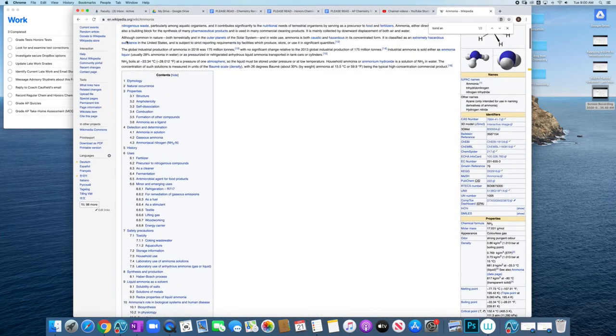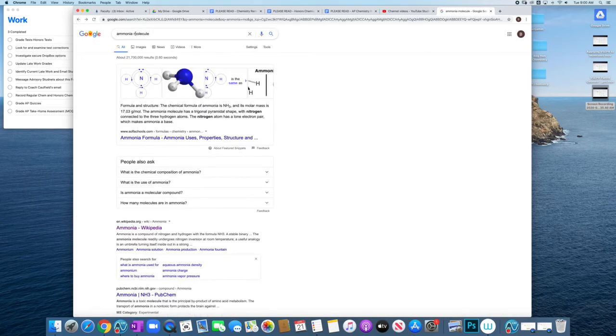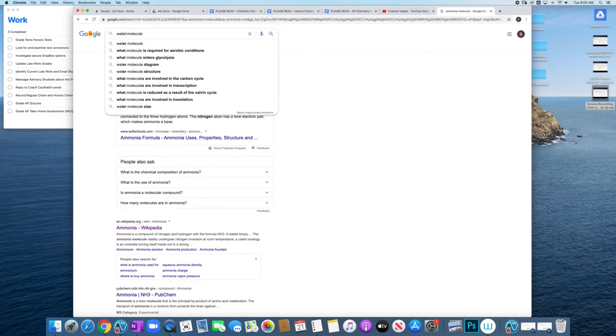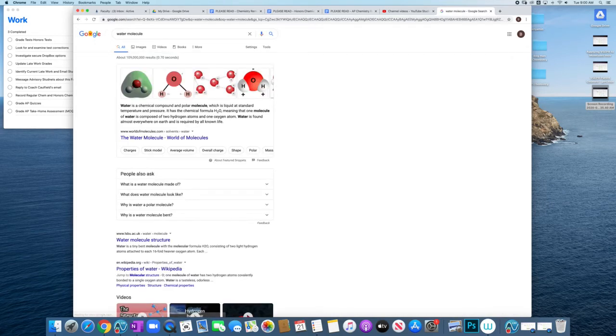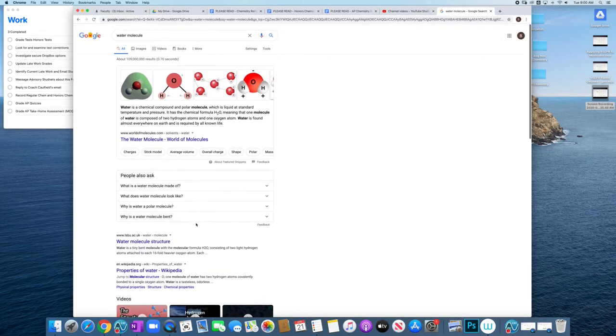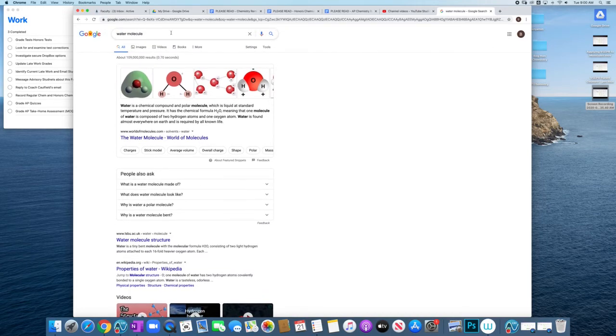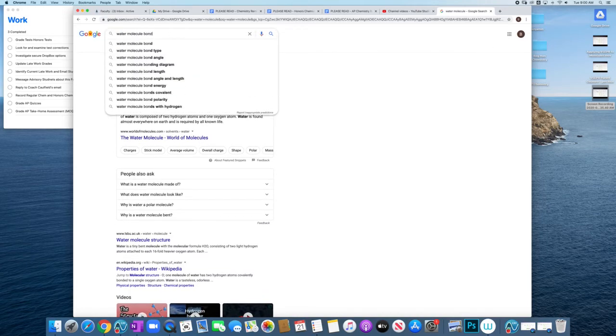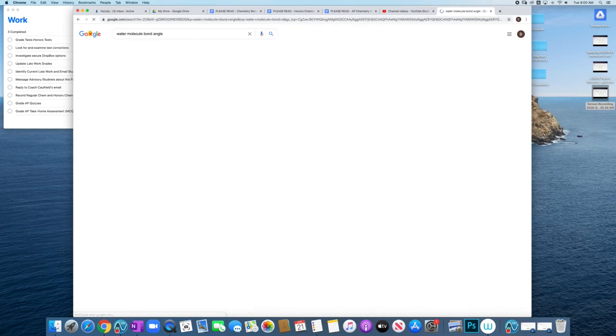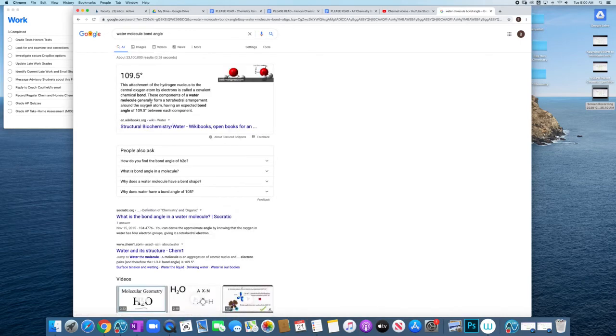And in the water molecule, let's look that up. I think it's 104.5 or something close to that. Let's look at the properties of water. Let's do water molecule bond angle. They're predicting 109.5 from VSEPR, but that's false.